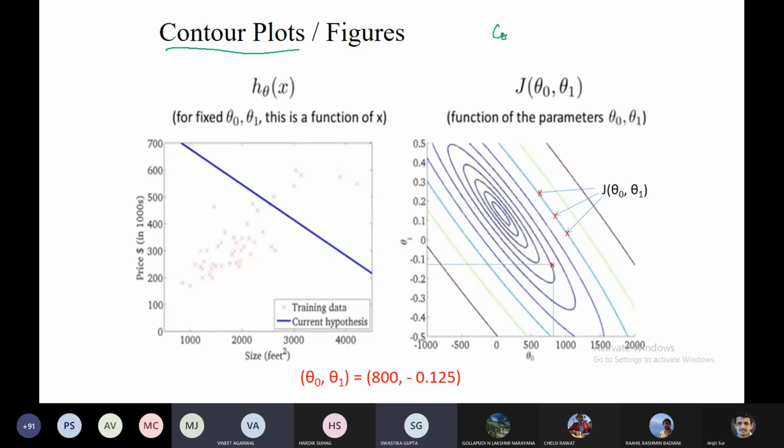So these ellipses will come, and these ellipses are called the contour plots, since this is a plotting.